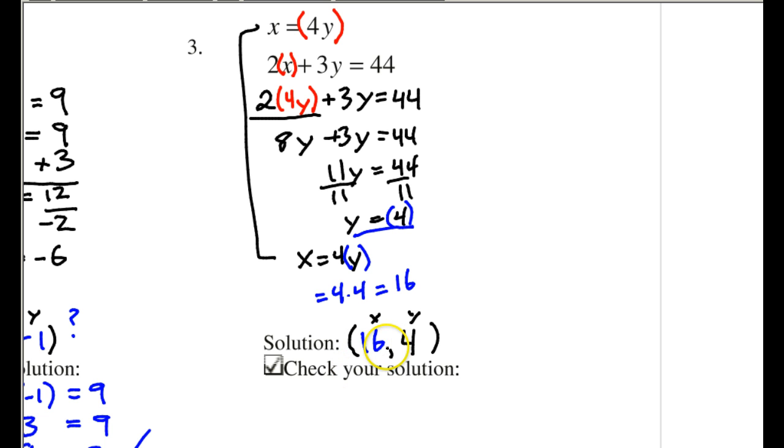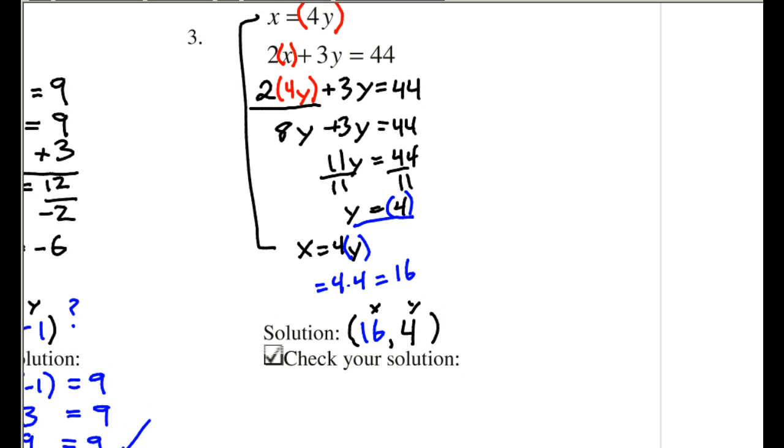And the bigger these numbers get, the more inconvenient it would be to graph. Like, imagine if this came out like 56 or something, like this big. We're trying to graph it. It's very difficult. So it reinforces the reason for doing this method. It's because big numbers or decimals and fractions are not nice to play with.